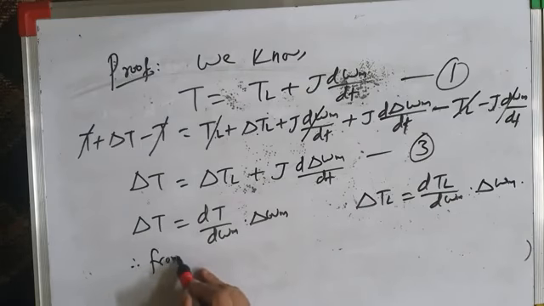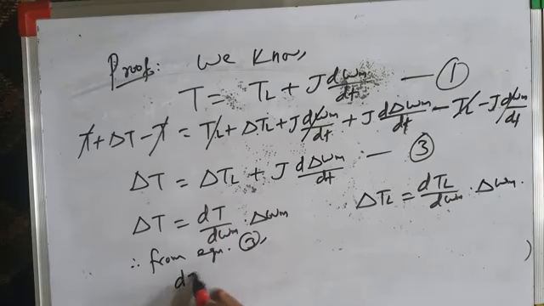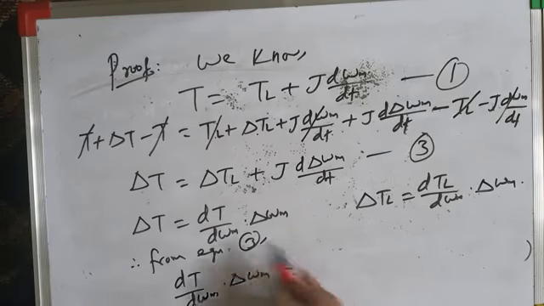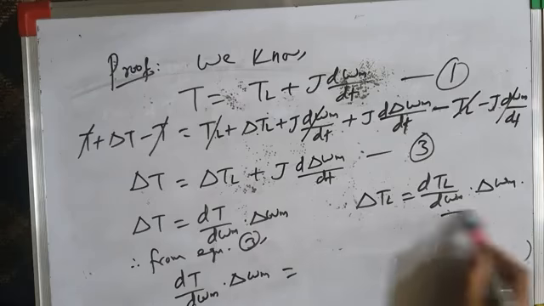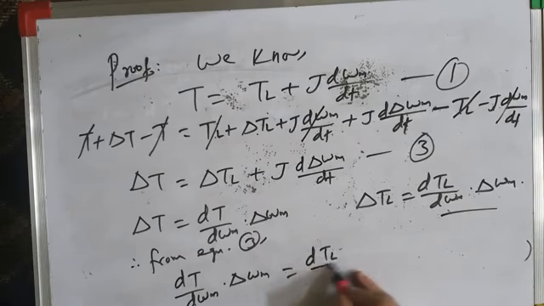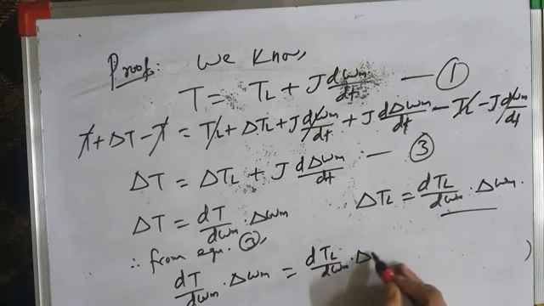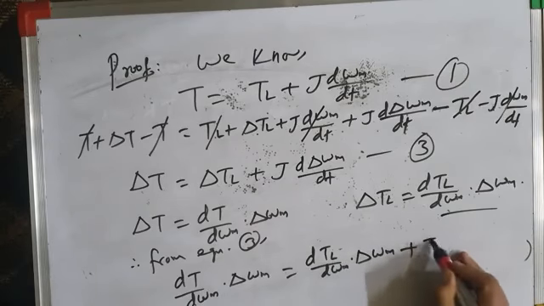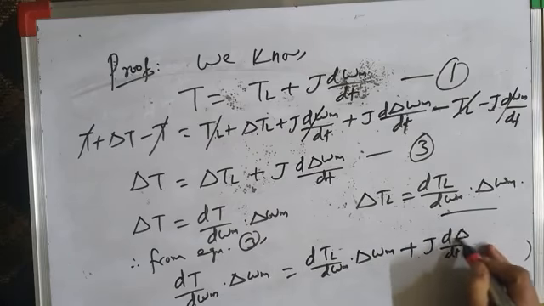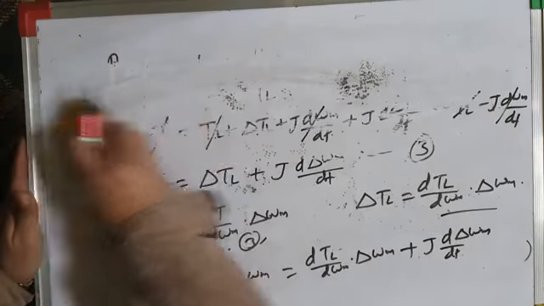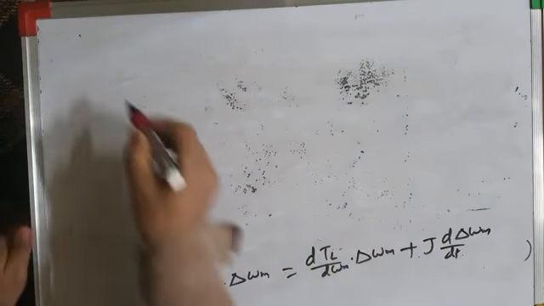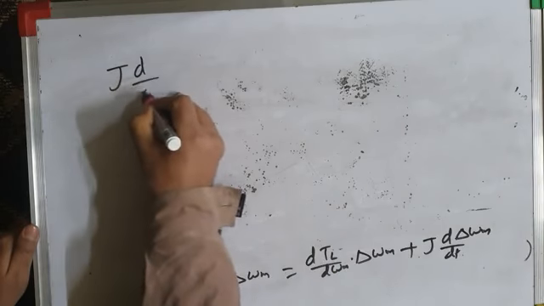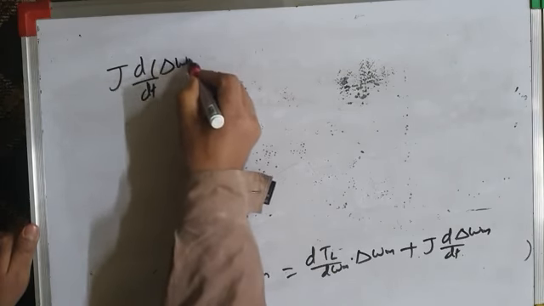So substituting in this equation, let's call this equation 3. From equation 3 we get, instead of delta T we will write dT by d omega m into delta omega m, is equal to, in place of delta TL we will write dTL by d omega m into delta omega m, plus this term J d by dt of delta omega m.